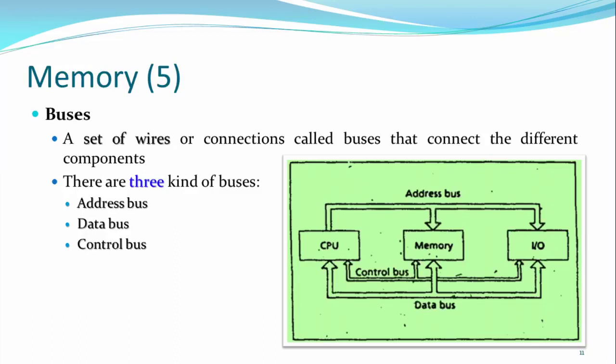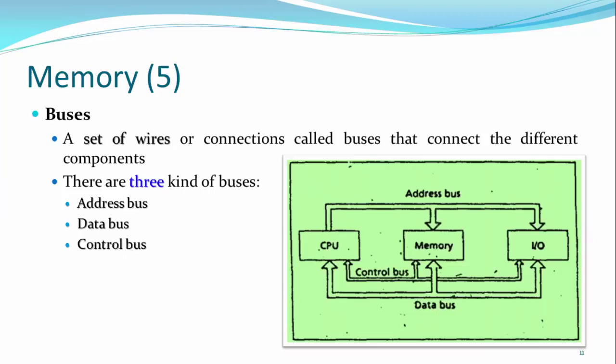All together, the address bus, control bus and data bus make up the system bus. Basically, the control bus controls the functions of the address bus and the data bus.